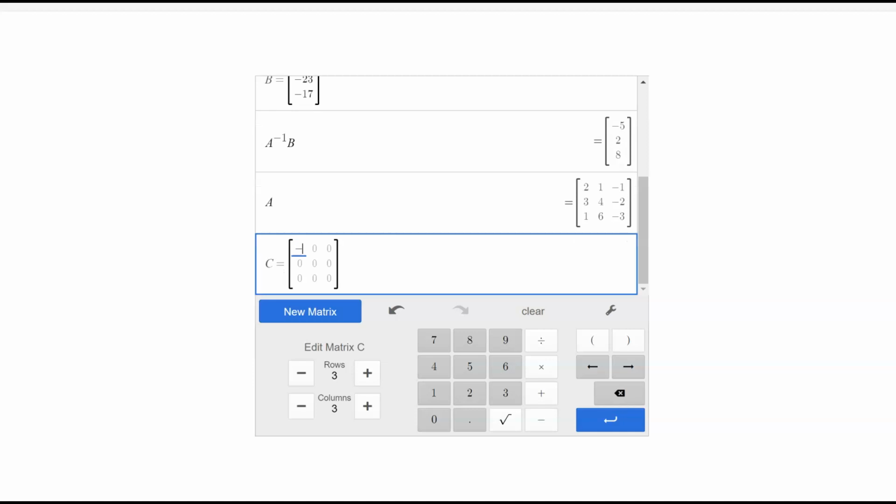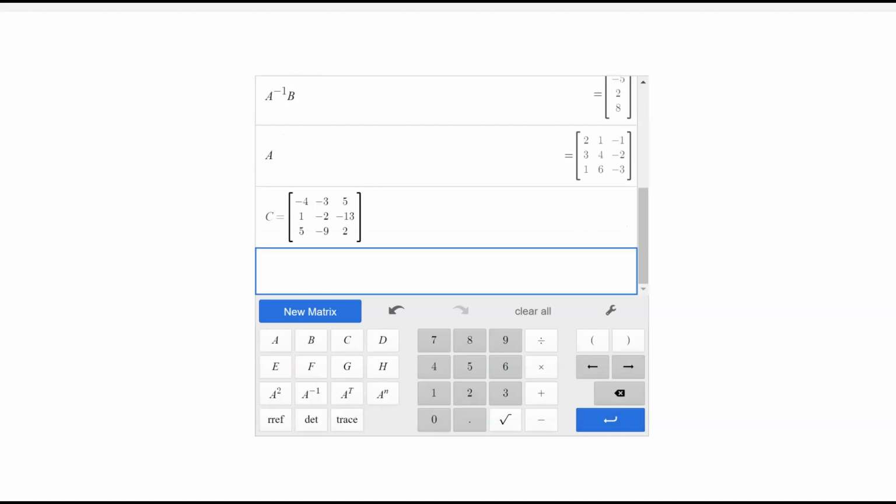So our A is going to be -4, -3, 5, 1, -2, -13, 5, -9, 2. So it's our new matrix.